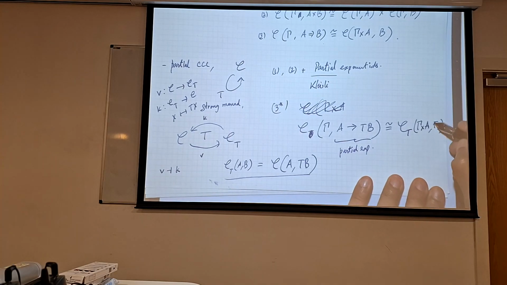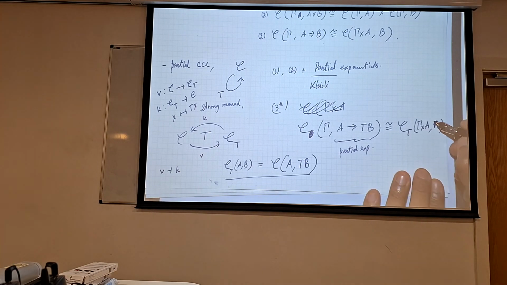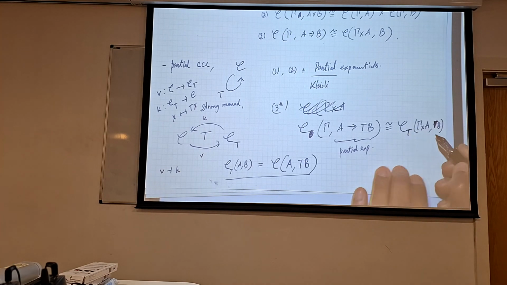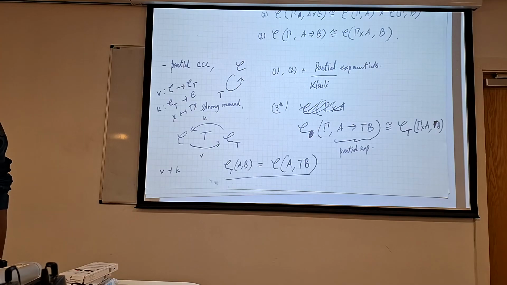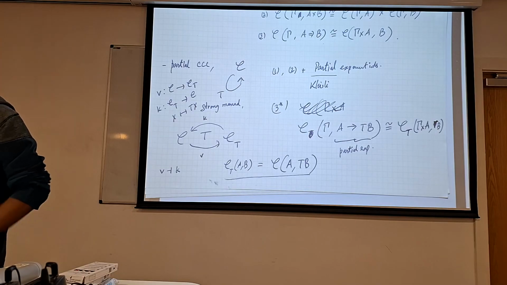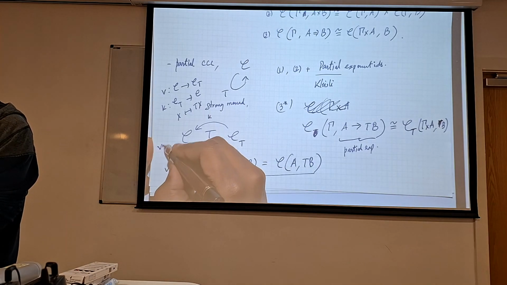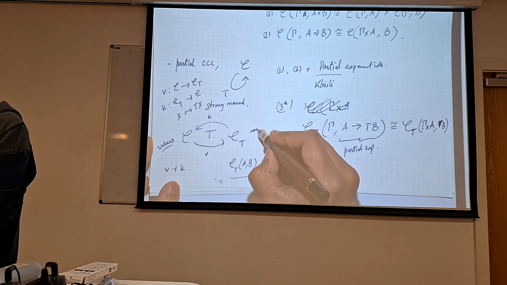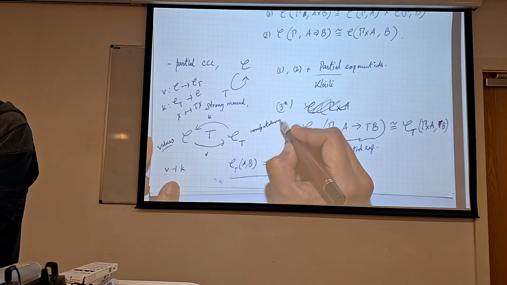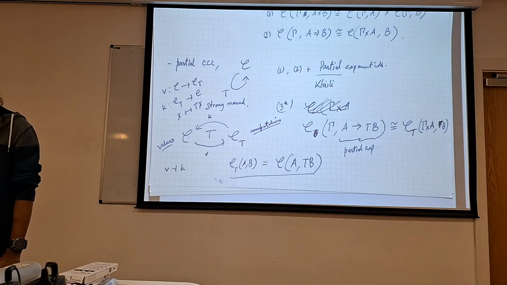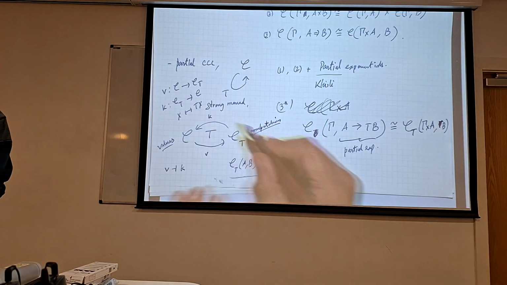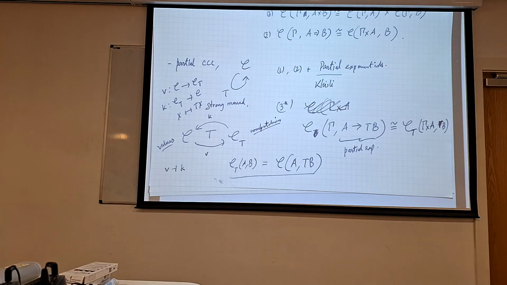Sorry, I already wrote a T here, so the T is implicitly in the Kleisli arrow. The point is now there's a category of values and a category of computations, right? And you could say that this presents a partial Cartesian closed category.